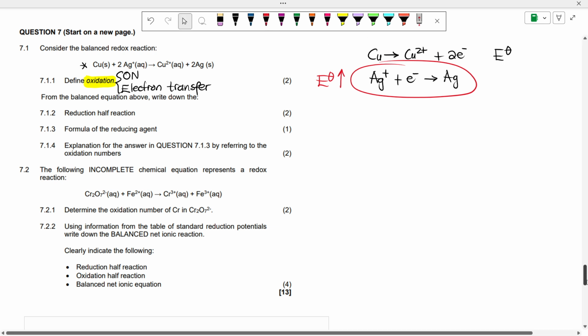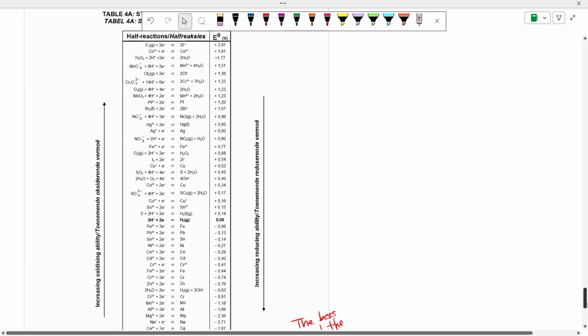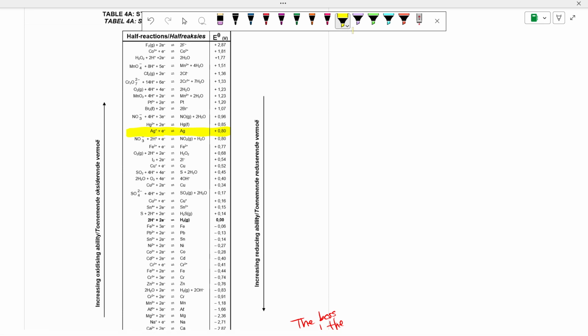You can go and confirm this, and we'll see that Ag is all the way up here. Wait, doesn't want to write now. Okay, here is Ag. The E naught is plus 0.80, and then here is Cu 2 plus 2 electrons.